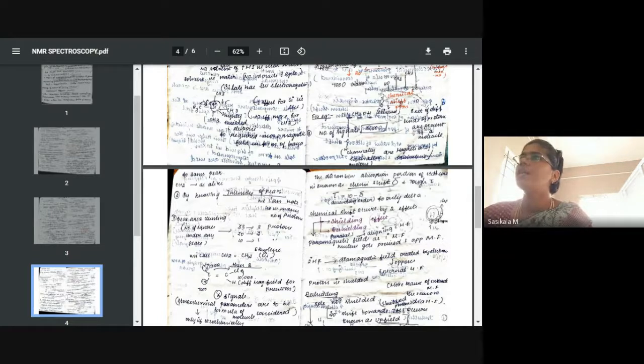If you start from 10 to 0, then that is the tau value, which indicates that 10 parts per million requires higher energy. It is easy to understand the concept with 0 parts per million, since TMS does not have any shift, so we can consider it as 0.